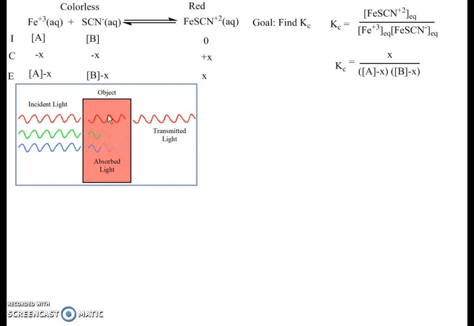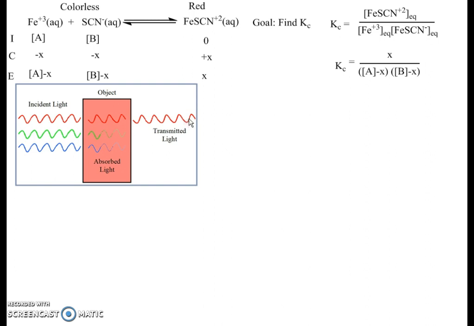Some of the red gets absorbed, but not all of it, and the light comes out the other side. What our eye sees is the light that gets through, so it doesn't see any of the blue or the green because that gets absorbed. It only sees the red that comes out the other side. And that is the basis for what we're going to do today.